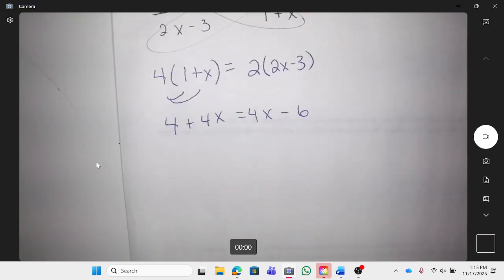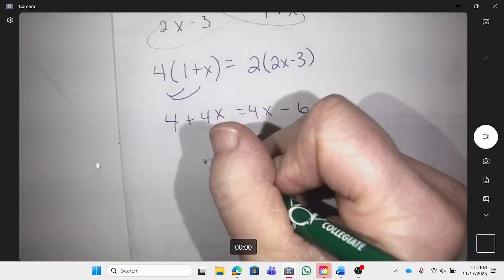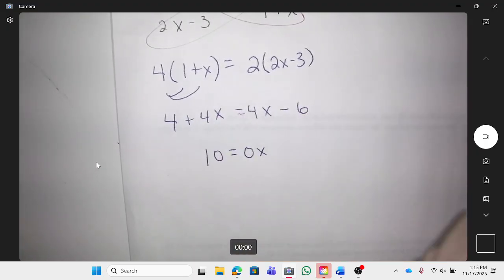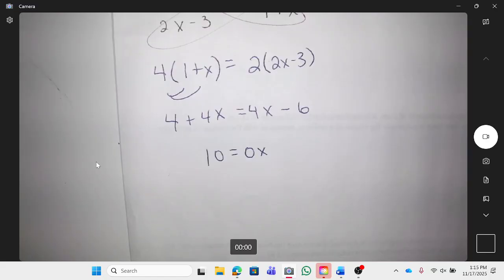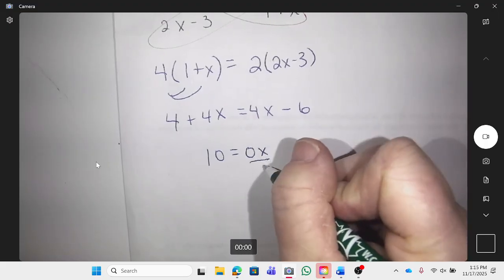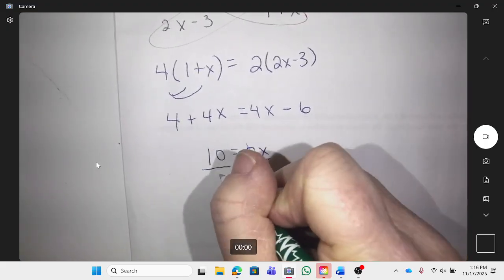Okay, so if I'm collecting terms together, this is what I ended up with. Did you get a number on one side and x's on the other side? So to get x alone, I'd have to divide.